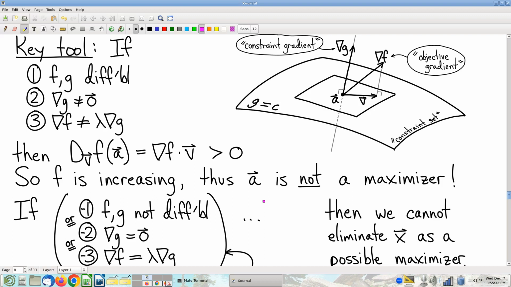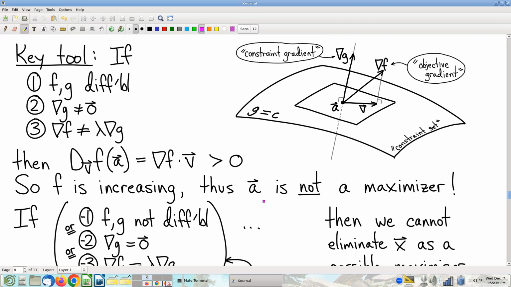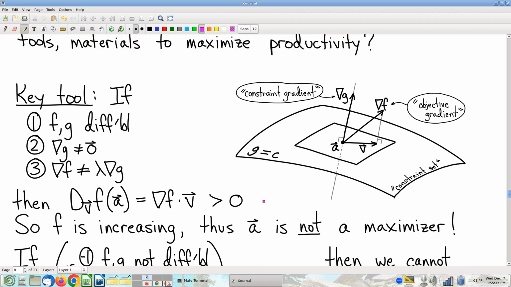We're going to have a different elimination process here. And it's based on this theorem, observation, I'll call it, right here. If we make a certain number of assumptions, and we're going to go through the details in just a moment, we're going to be able to argue that the function is increasing as you move in a certain direction.